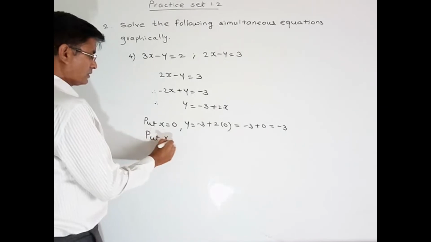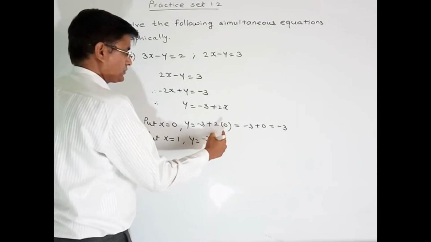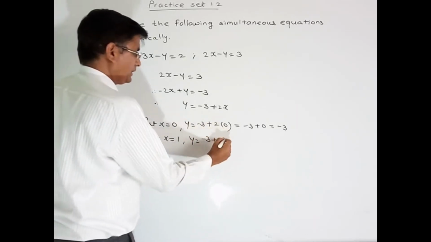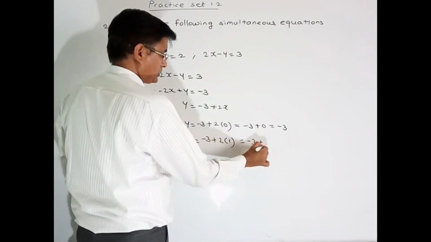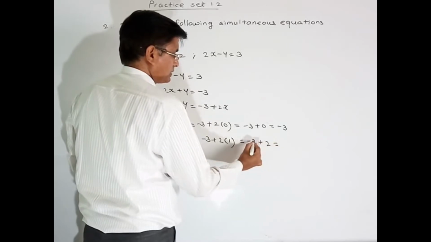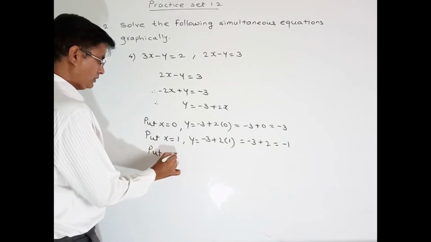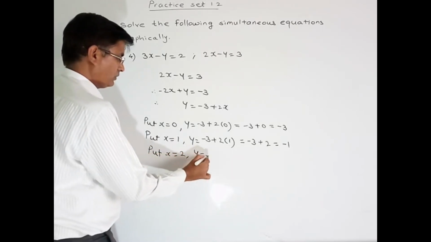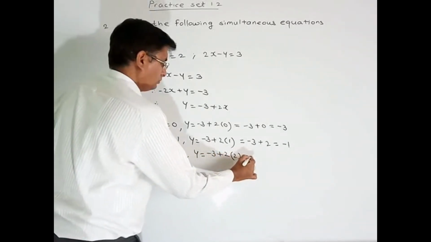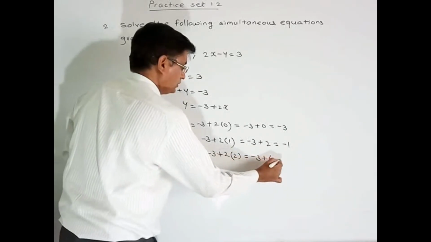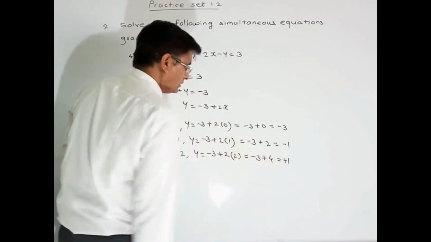Put x is equal to 1, y is equal to minus 3 plus 2 into 1, 2 ones are 2, and the answer is minus 3 plus 2, minus 1. Put x is equal to 2, therefore y is equal to minus 3 plus 2 into 2, 2 twos are 4, minus 3 plus 4, that is plus 1.